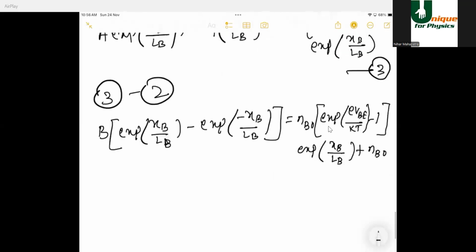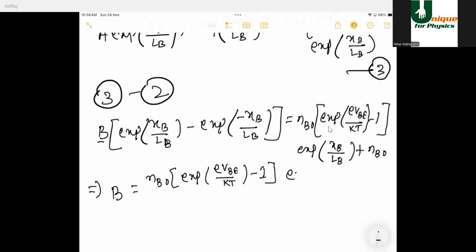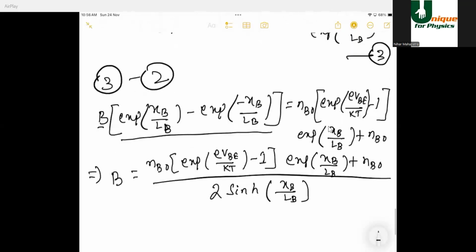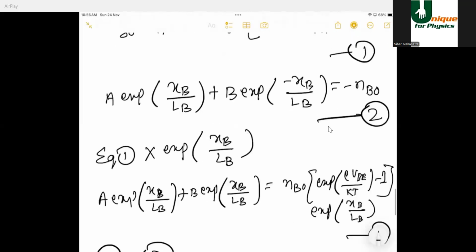And now, making B the subject, we can write what B is. So B is equal to nb0 times e to the power e vbe upon kt in bracket minus 1, times exponential of xb upon lb, plus nb0, whole divided by this thing, which is nothing but 2 sinh of xb upon lb.